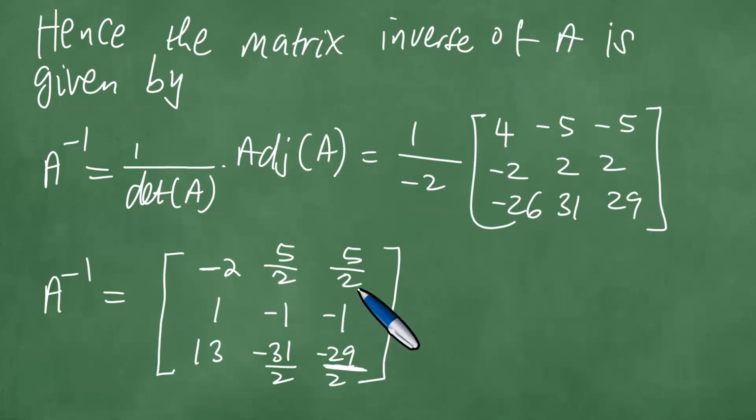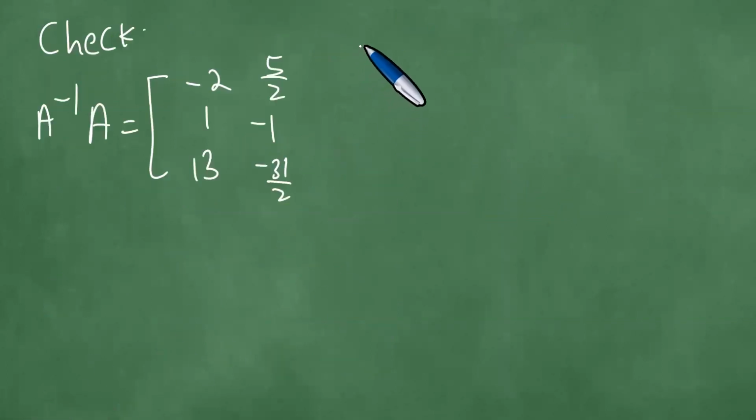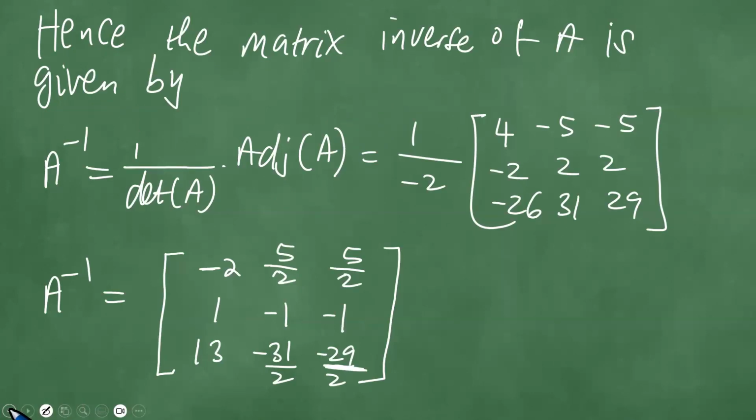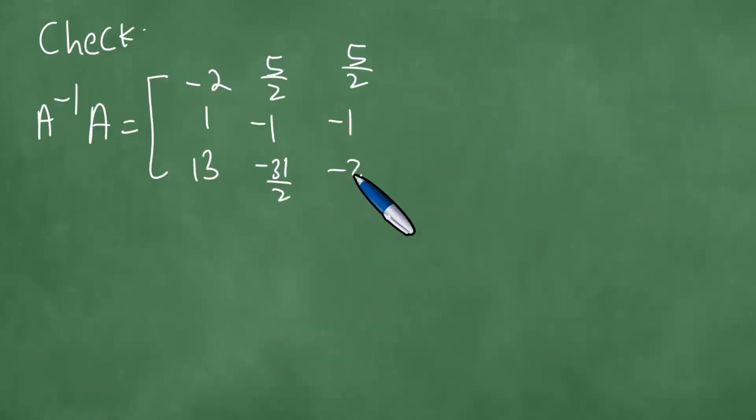And then you have 5 over 2, minus 1. And you have minus 29 over 2. Like this. Okay, and then we multiply it through by the matrix A.